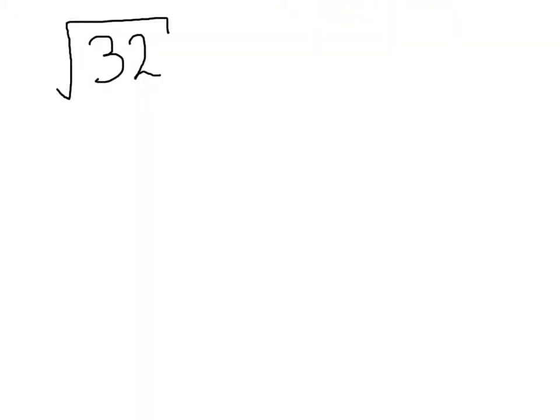For example, if we're trying to find the square root of 32 and we want to simplify this, we need to split this into factors. So we can get 32 by multiplying 4 and 8. So we can go 4 times 8, which is good because 4 is a perfect square number.